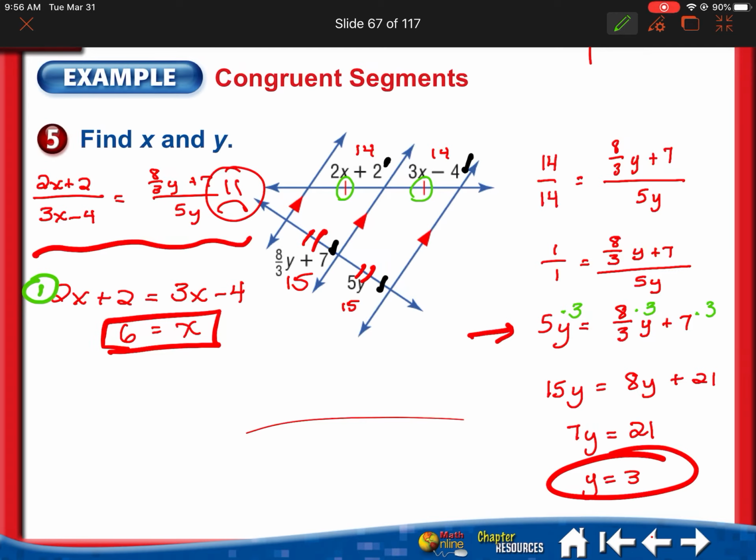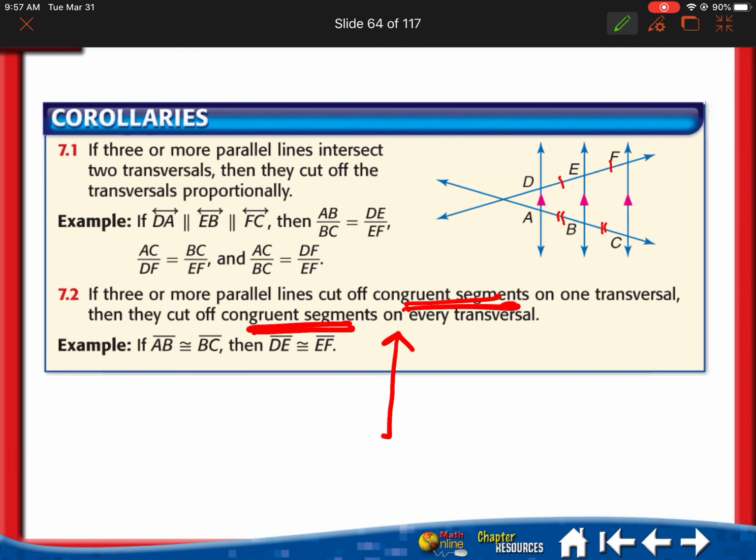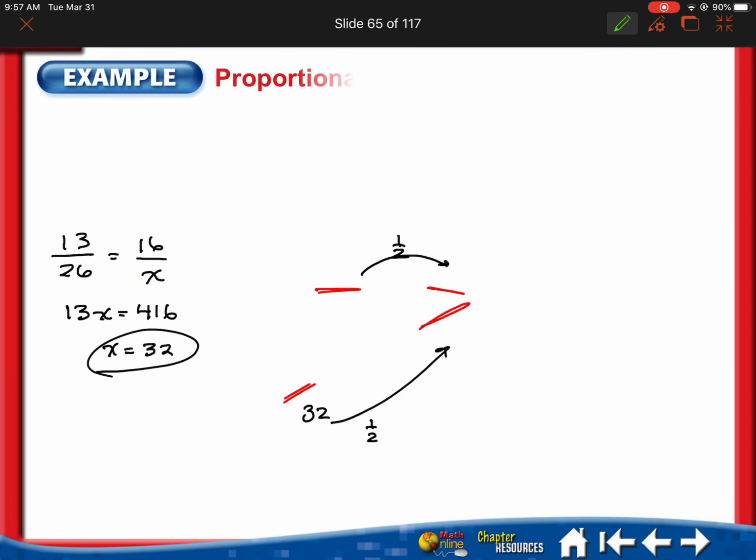So that was wonderful. We actually set up a proportion first, went through all of this mess and found out that we ended up just getting that those two segments were equal to each other. So then if you remember, we went back to the lesson and said, hey, if the line cuts them into congruent segments, then they cut off other congruent segments.